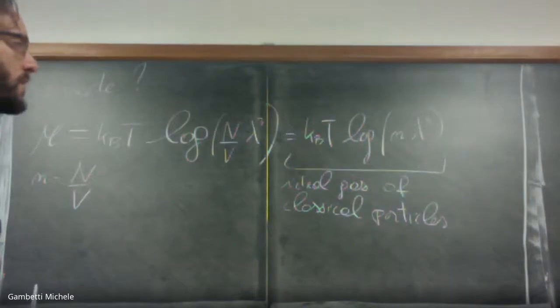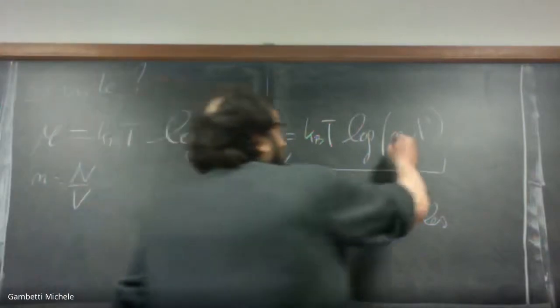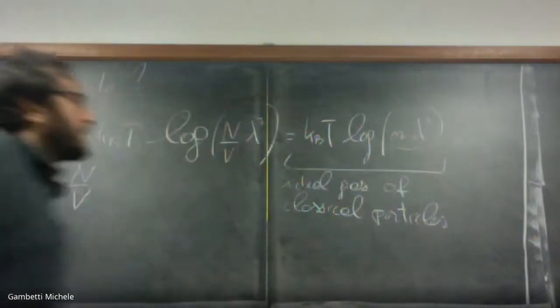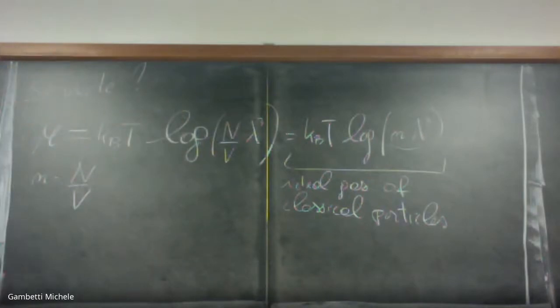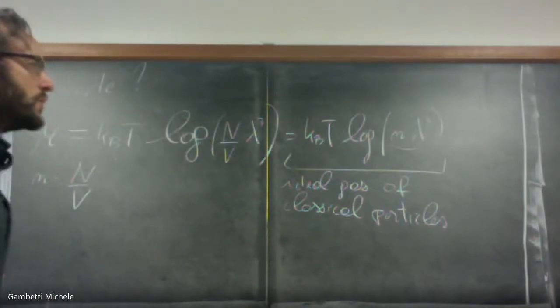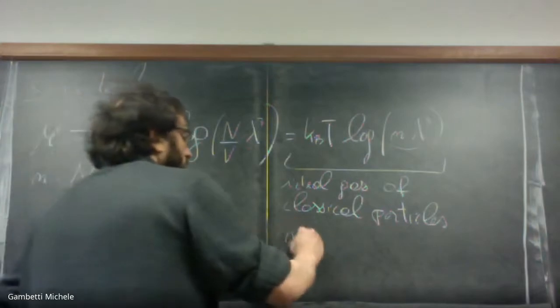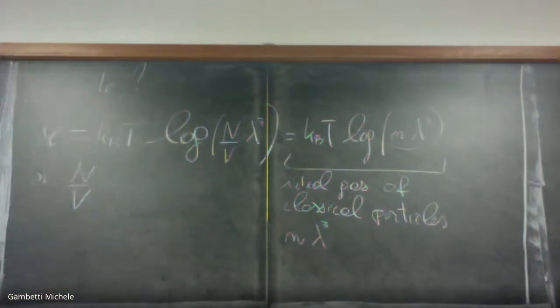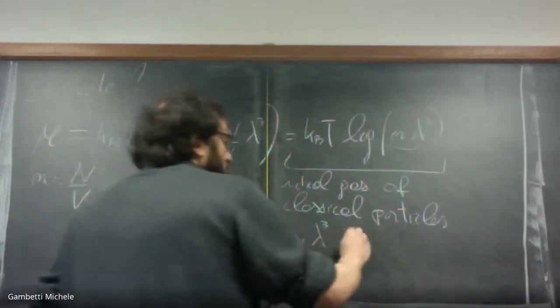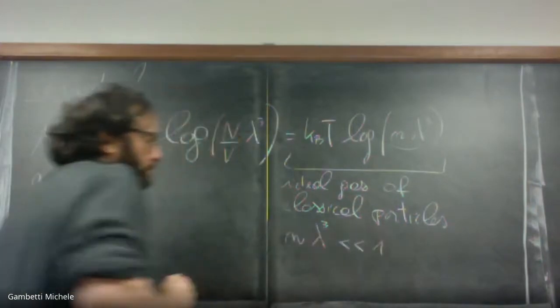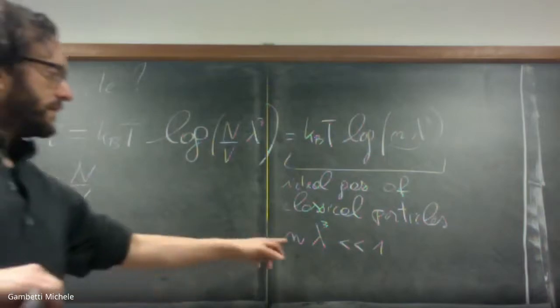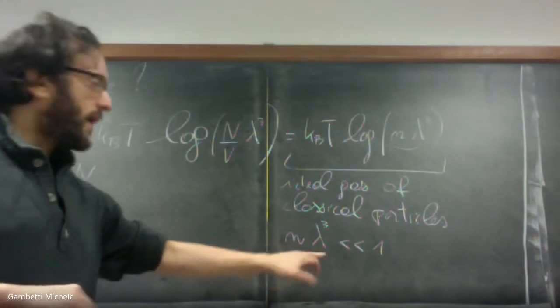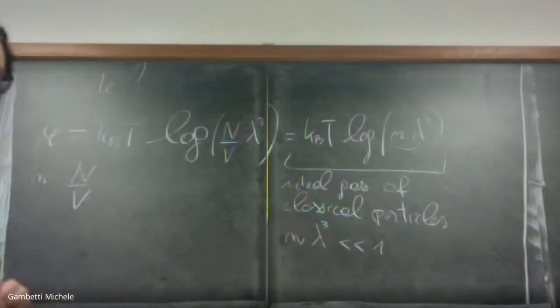We already said, but we will see better when we introduce quantum statistics, that if you want to use a classical description of your system, you have to be sure that the product of n times the wavelength cubed is much smaller than 1, which means that the density is very small and or the temperature is very large.